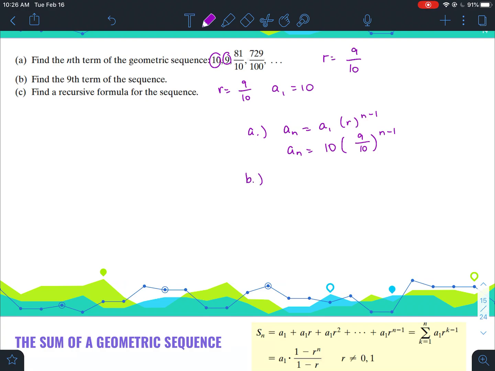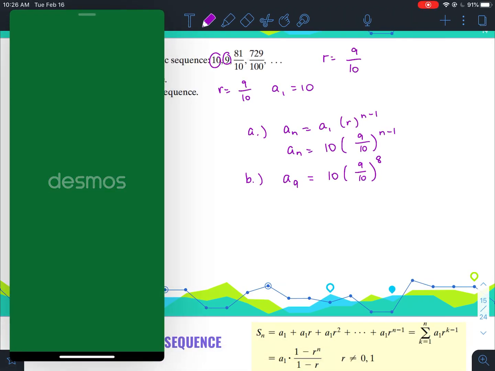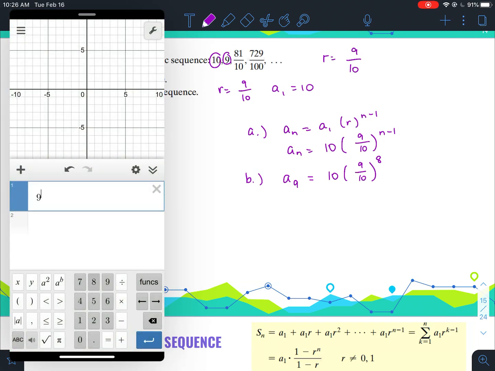And then the ninth term in my sequence would be a sub 9 equals 10 times 9/10 raised to the 9 minus 1 power, so raised to the 8th power. And so if I were to do this, we're going to do 9 raised to the 8th power.